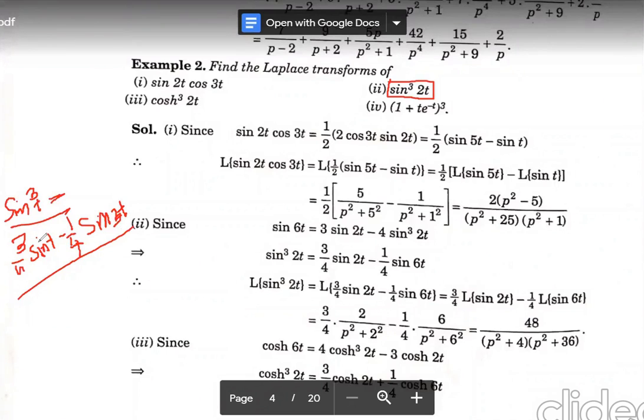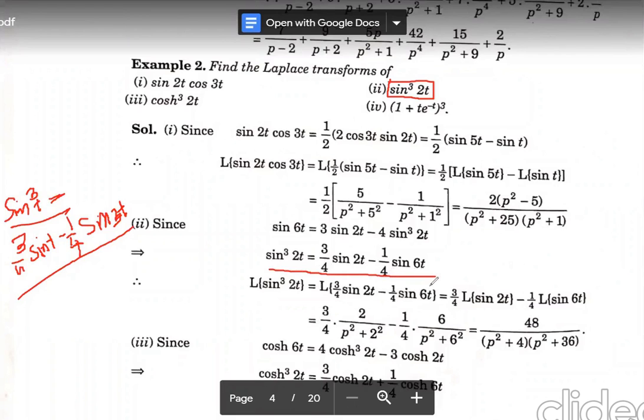So for sine cube twice t, it is 3 by 4 sine twice t minus 1 by 4 sine 3t into 2t, that is 3 into twice t, so it will be 6t. So see here, sine cube twice t is equal to 3 by 4 sine twice t minus 1 by 4 sine of 6t.